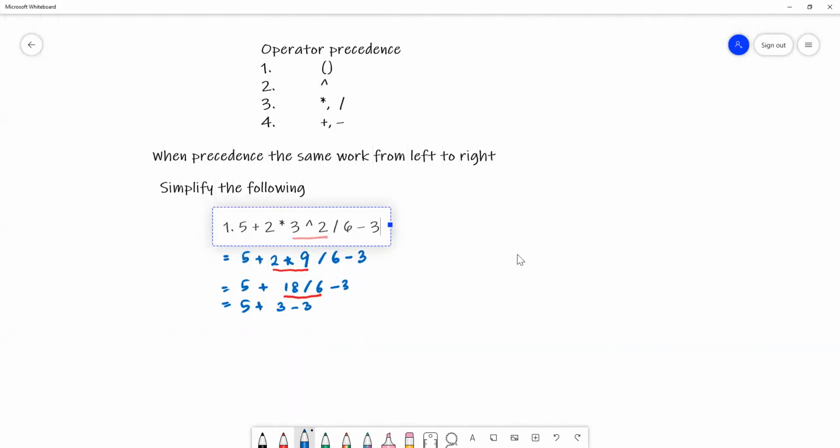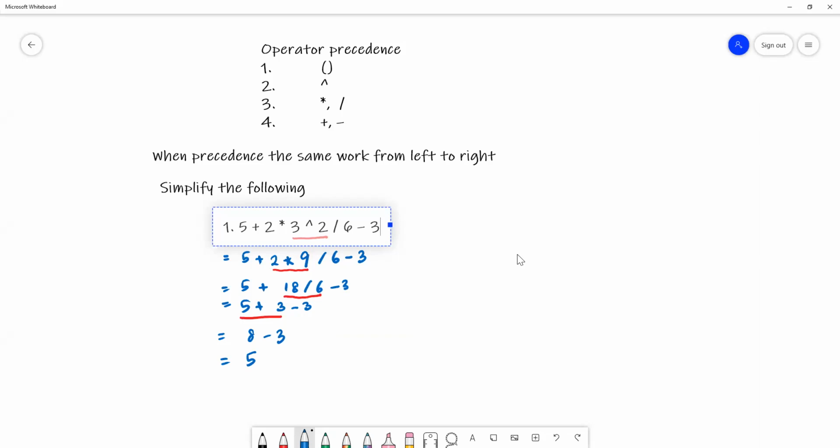Dev meaning, what is next? Addition. So that should be addition according to the rules that we specified. We perform addition now, so that 5 plus 3 is 8 minus 3. Finally, we will get 5.